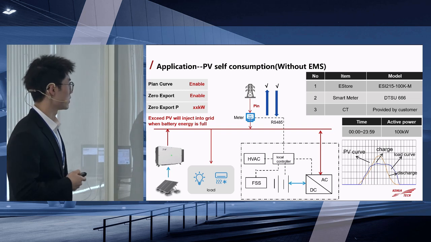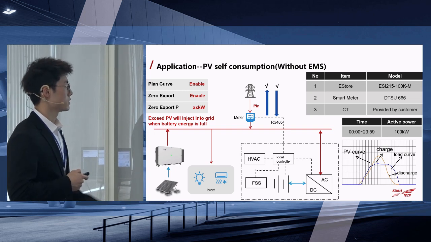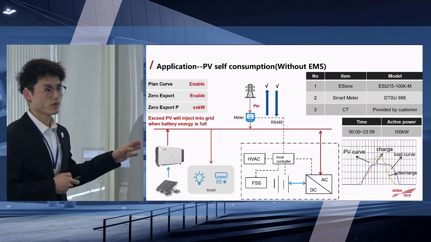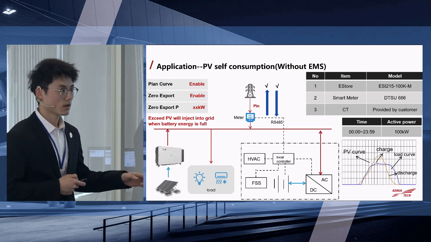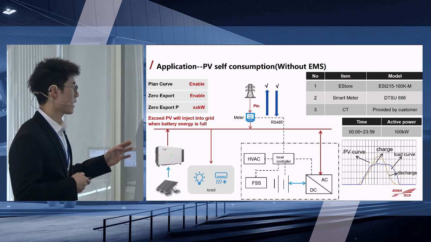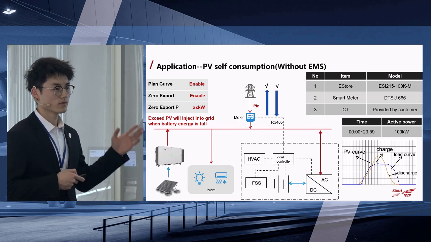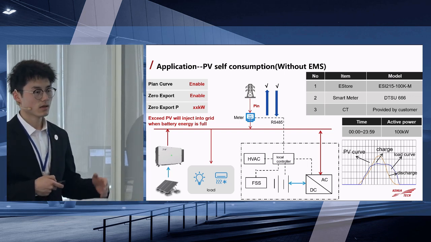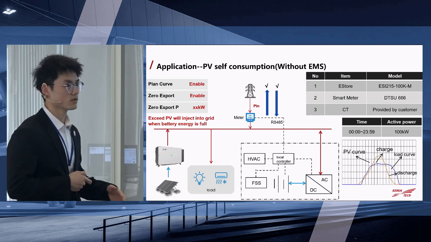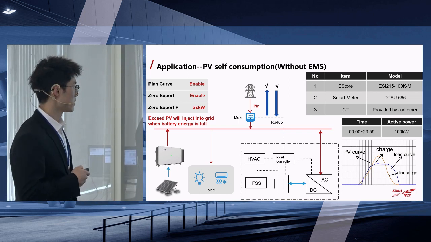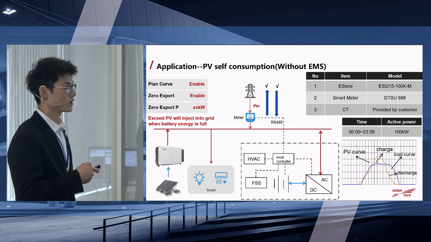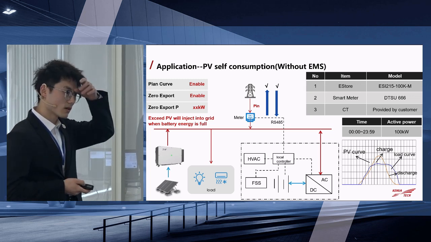And also we have a zero export function, because in this situation, if the PV energy is greater than the load, some part of the extra energy will charge the battery. But if there is still more PV energy, then it still can be injected to the grid.